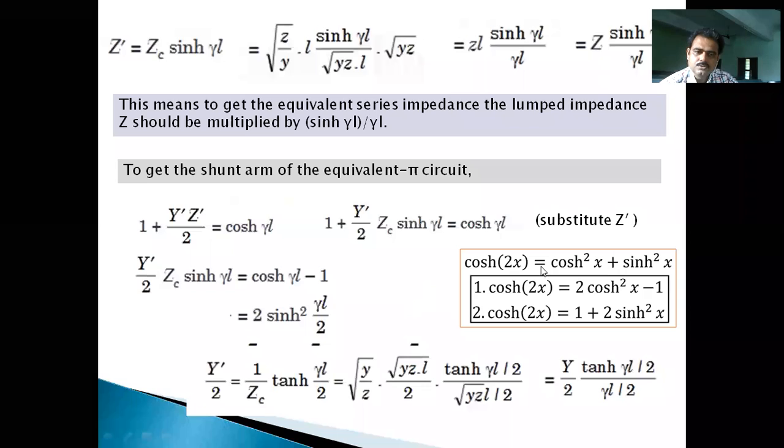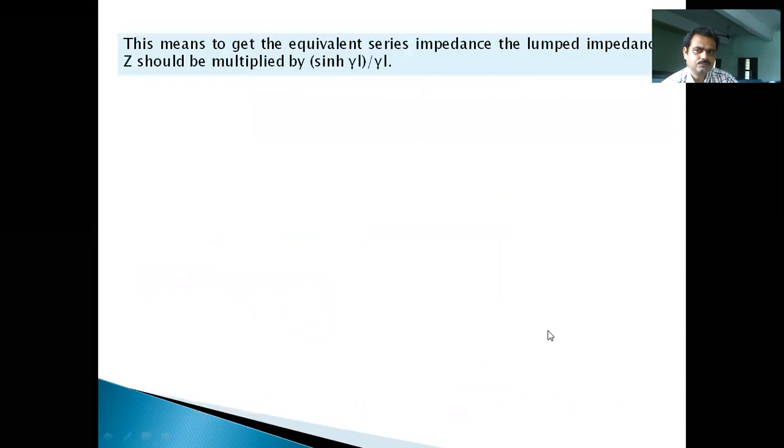Okay, so these are the shunt branch parameters, that is y dash by 2 in terms of lumped parameters. This y is the lumped parameter, so y dash is the equivalent parameter in case of a long transmission line.